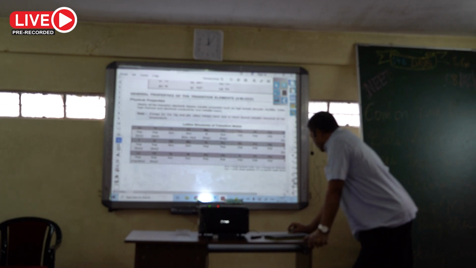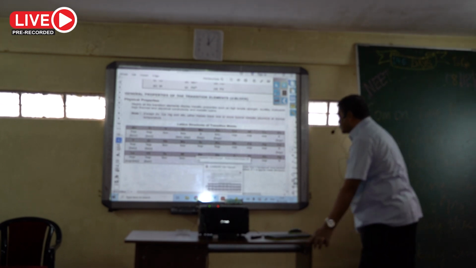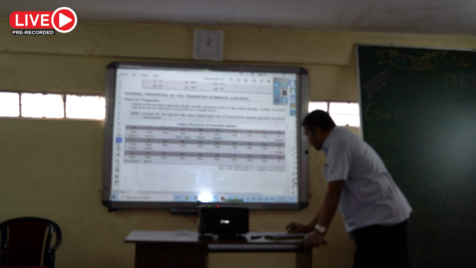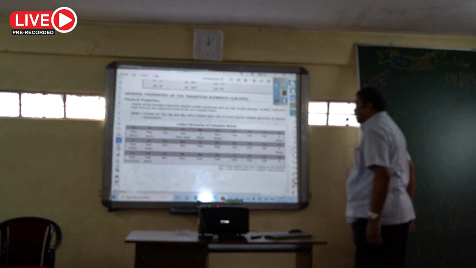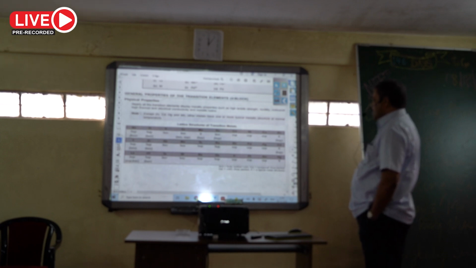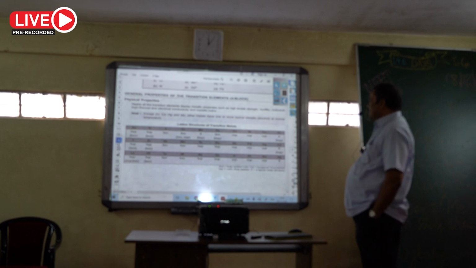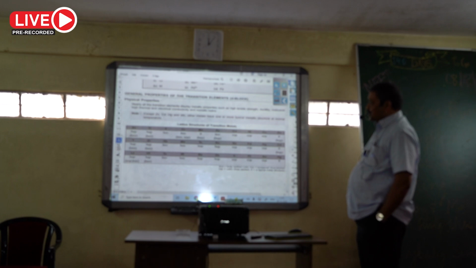Actually, this point we discussed only at one place. Why do d block elements easily form alloys? Because of similar size, similar crystal structure I mentioned.